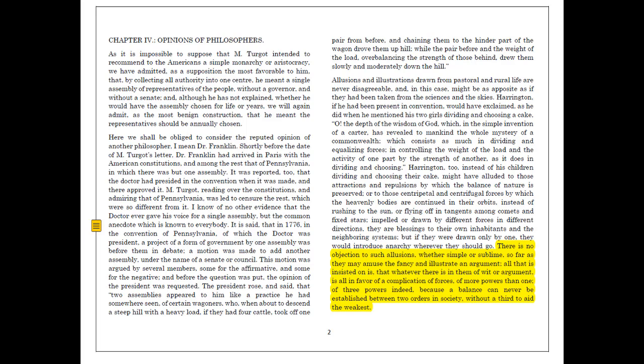Impelled or drawn by different forces in different directions, they are blessings to our own inhabitants and the neighboring systems. But if they were drawn only by one, they would introduce anarchy wherever they should go.